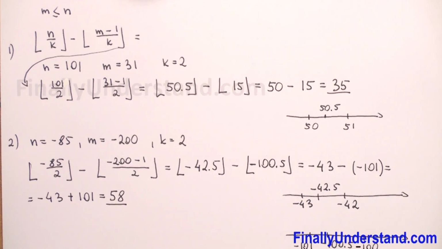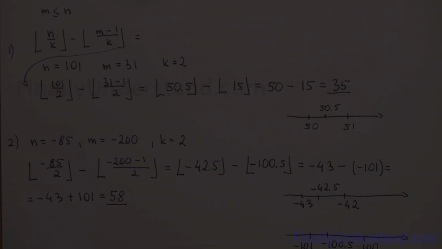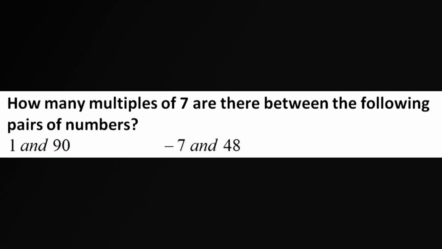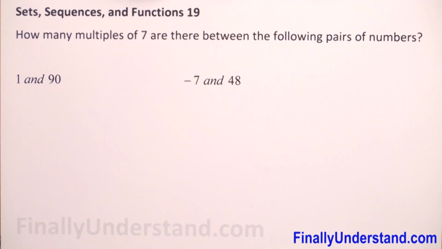This is my solution. We have to find how many multiples of 7 there are between the following pairs of numbers.